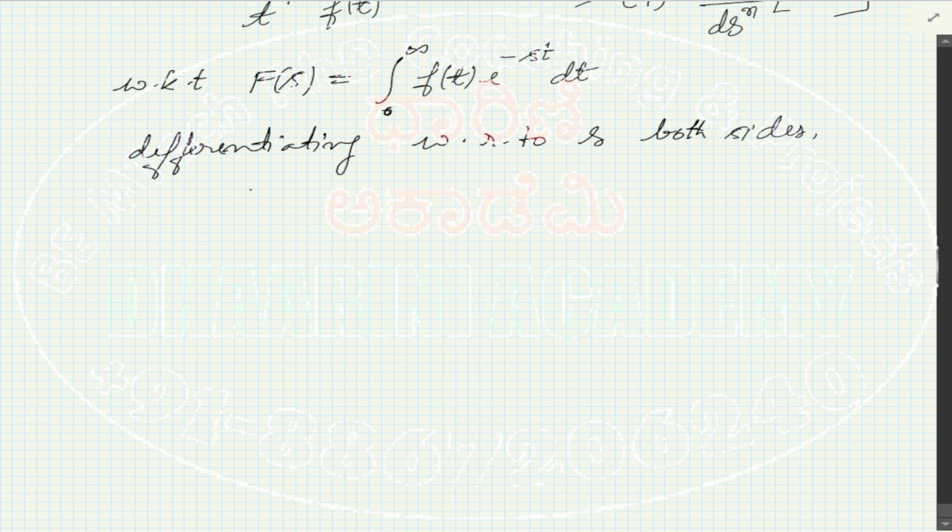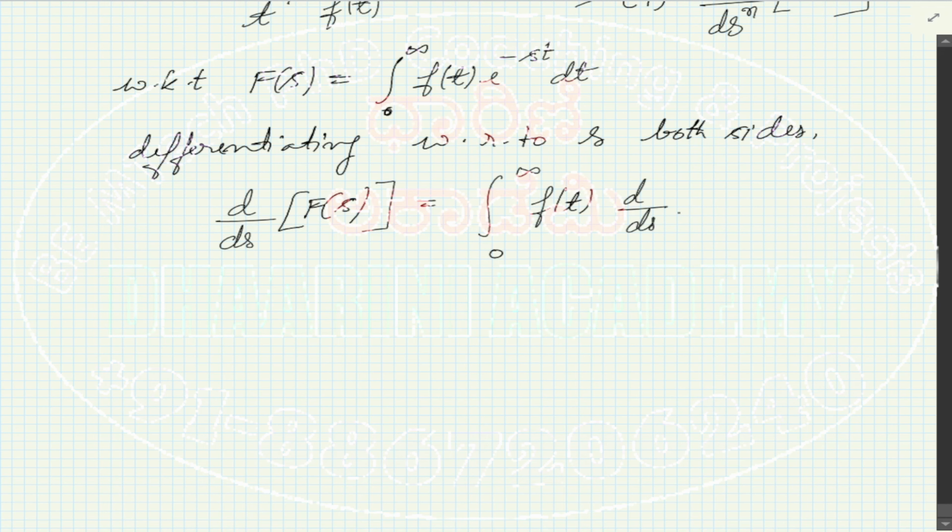On the left hand side, I'm going to write d by ds of F of s should be equal to, on the right hand side, 0 to infinity. We can perform the differentiation of only the term containing s. So f of t remains as it is into d by ds of e to the minus st dt.